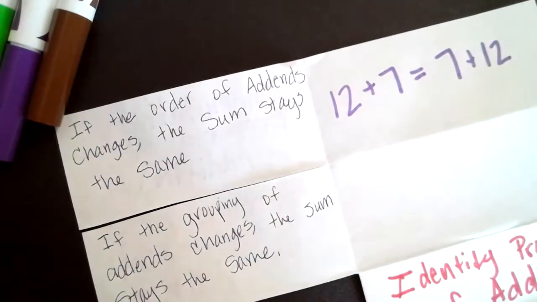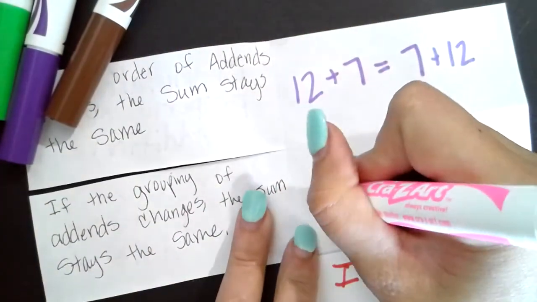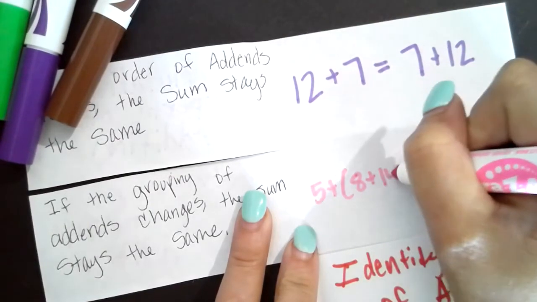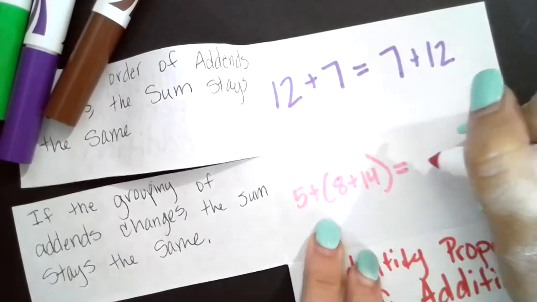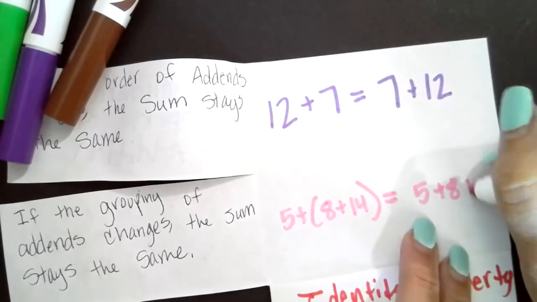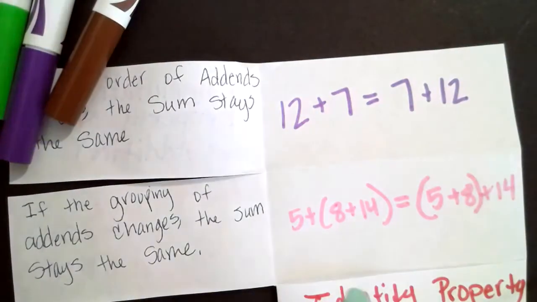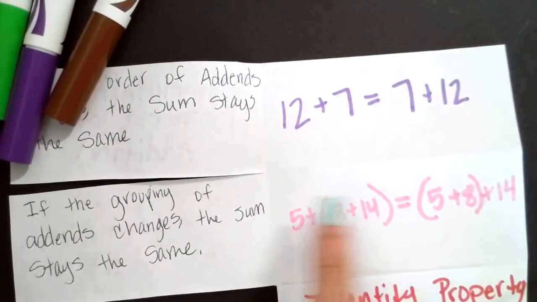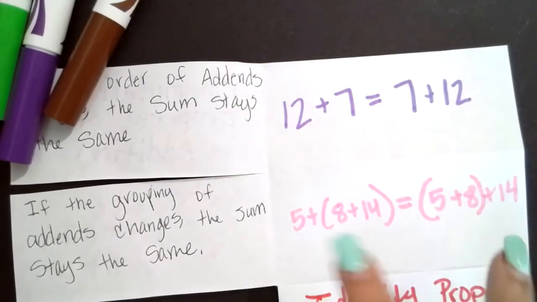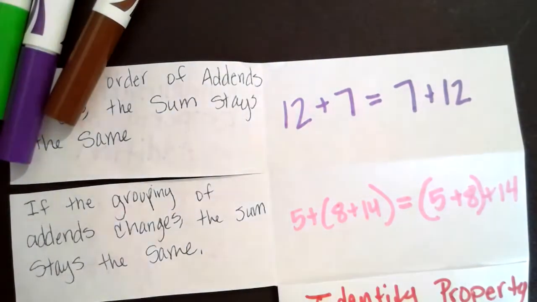Okay, so an example of that one would be, let's say I have 5 plus a parentheses 8 plus 14 parentheses is equal to, and this time I have 5 plus 8 plus 14, but I have the parentheses around the 5 and the 8. Well, we know that parentheses go first, but 8 plus 14 and then adding 5 would be the same as adding the 5 and the 8 and then adding 14. So the grouping symbol moved, but because it's all addition, the answer did not change.